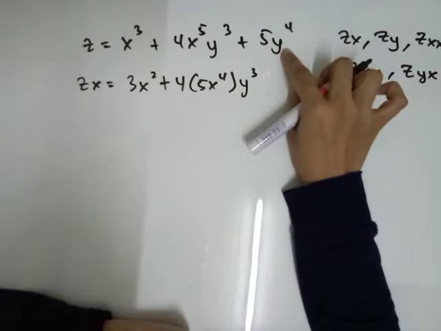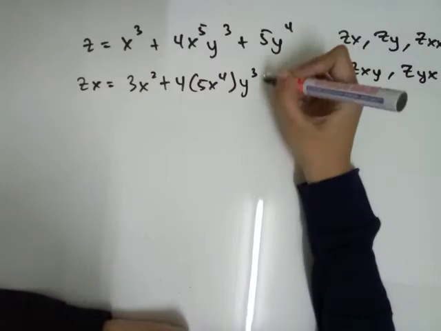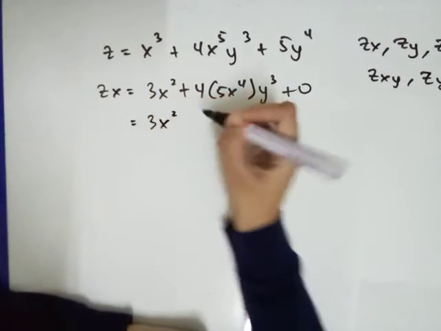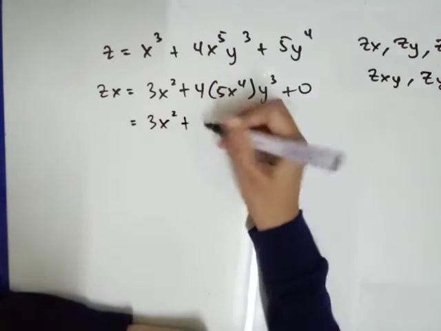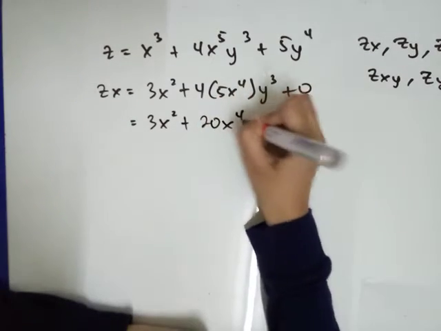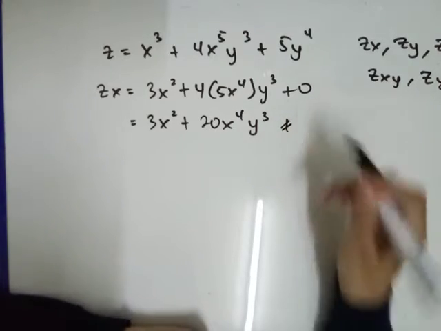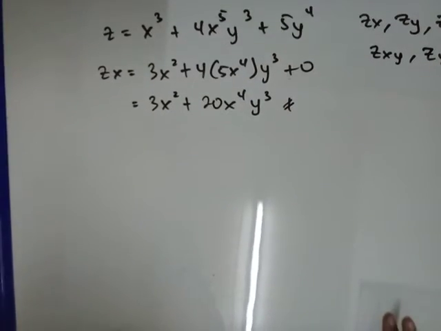So we assume this variable y is constant. Differentiate constant, we get 0. So 3x squared plus 4 times 5, we get 20x power 4 y cube. This is the answer, the partial derivative with respect to x.